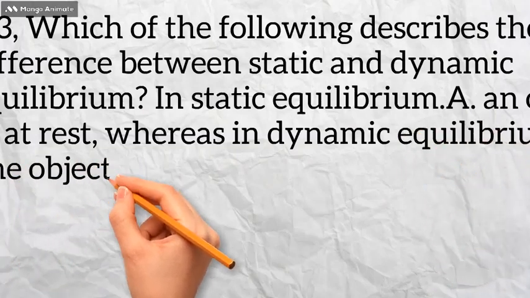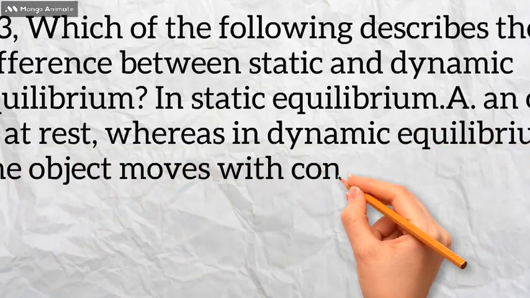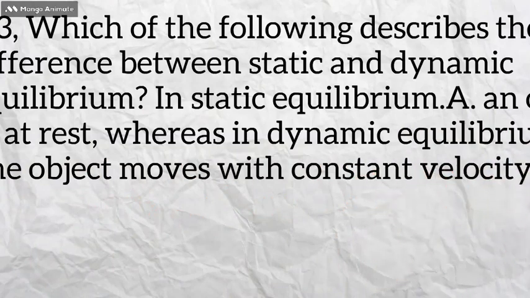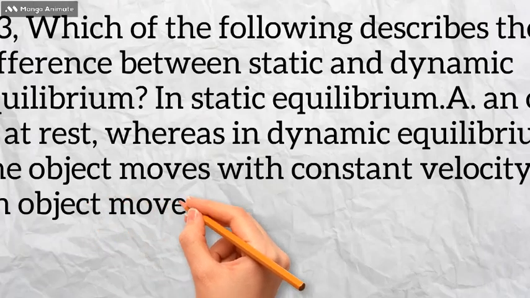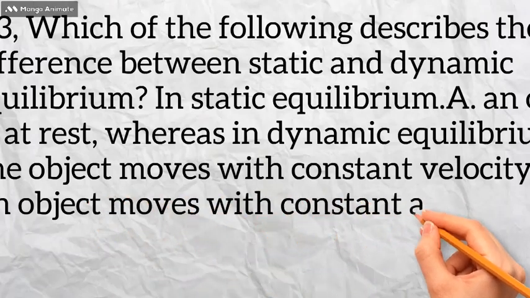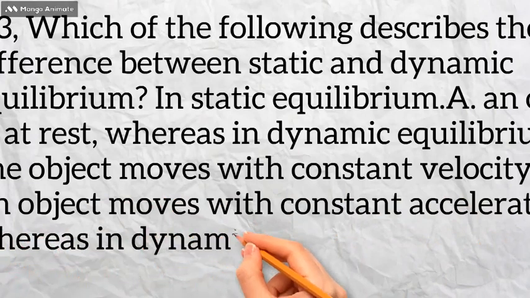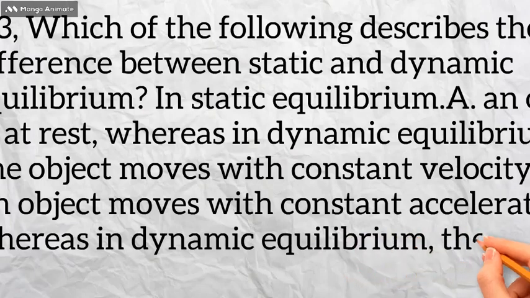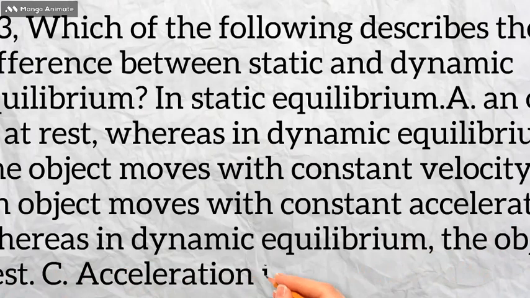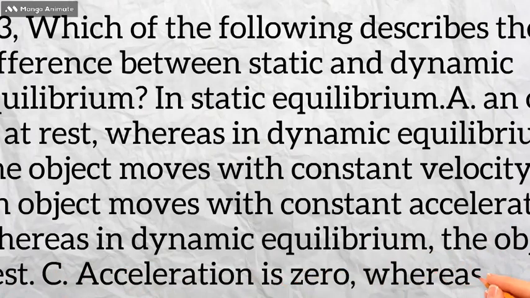C, acceleration is 0, whereas in dynamic equilibrium the acceleration increases uniformly. D, an object moves with constant velocity, whereas in dynamic equilibrium an object is at rest. The correct answer is A.